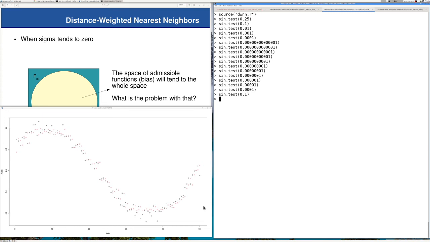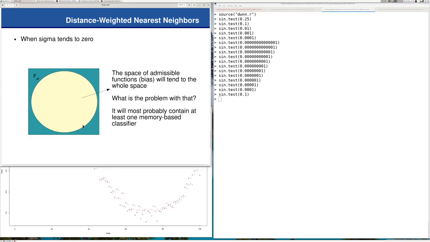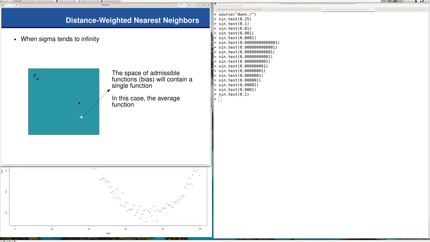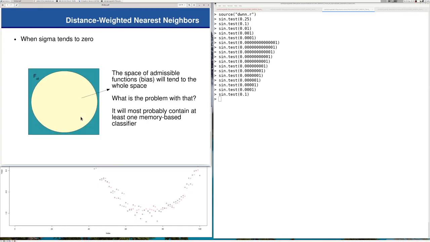So what you can notice here is that when I change sigma, I am adapting the bias. The bias becomes more restricted, which means smaller or less complex, all synonyms, when I increase sigma. When I decrease my sigma, I'm increasing my bias, making it more complex.